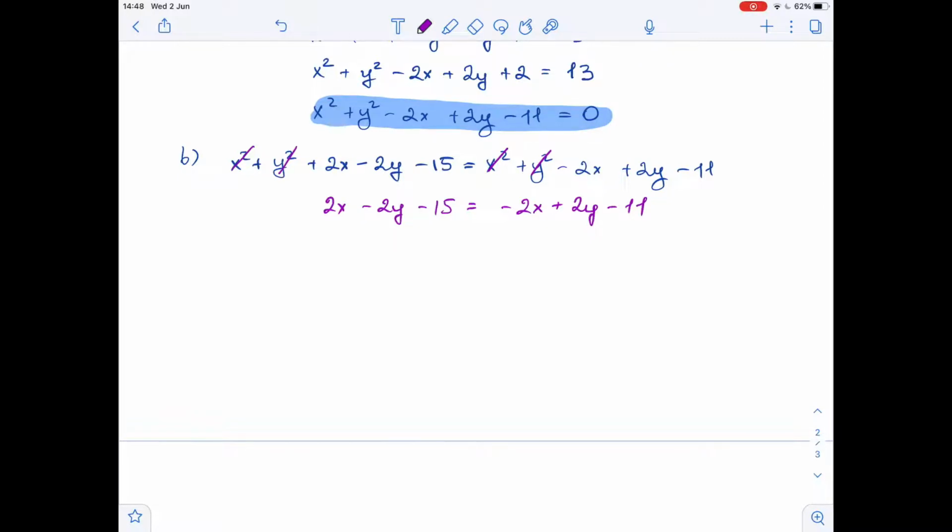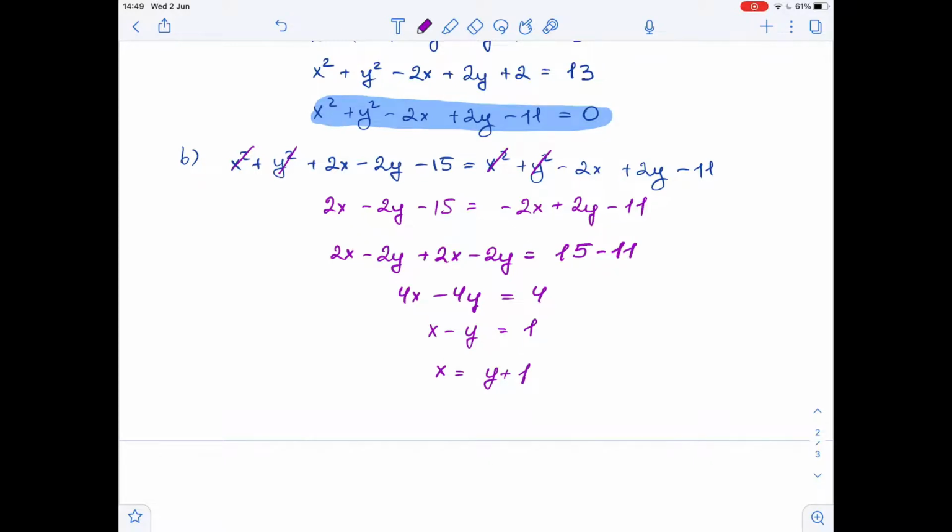So we will have 2x - 2y + 2x - 2y is equal to 15 - 11. So 4x - 4y is equal to 4, which means that now we can divide both parts of our equation by 4, and we get that x - y is equal to 1, which means that x is equal to y + 1.